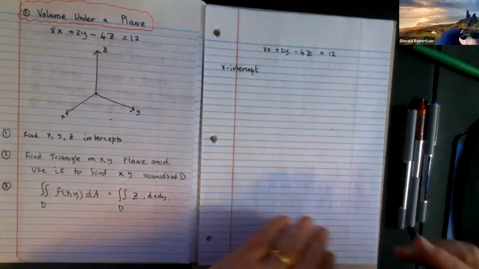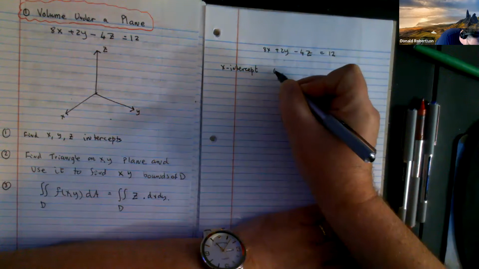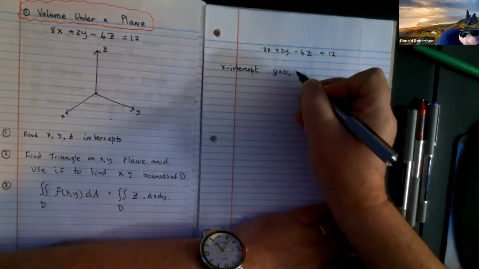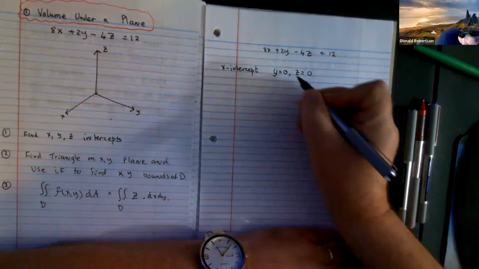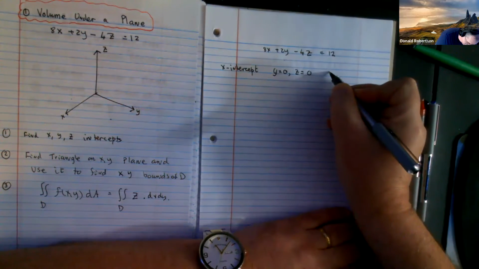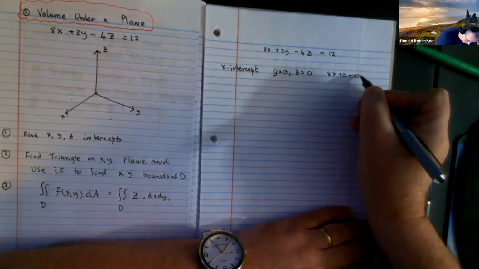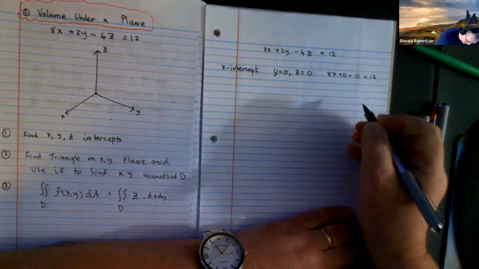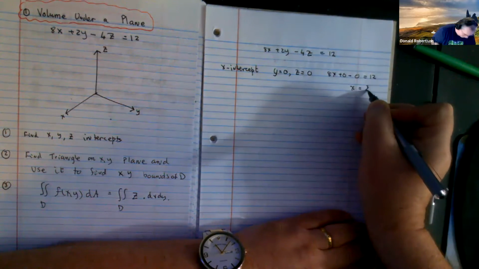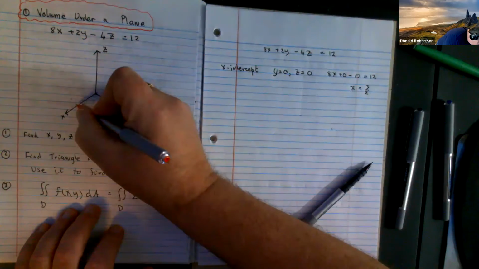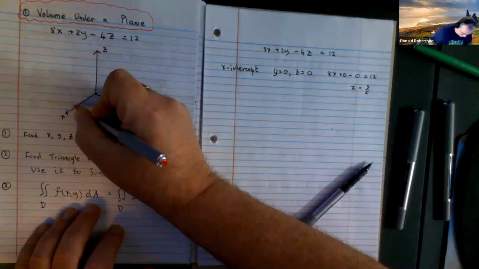So to get the x-intercept, you basically make y 0 and z 0. If you do that, you now have 8x plus nothing, take away nothing, equals 12. And so that gives me an x of 3/2. So if you imagine that point there is at 3/2.